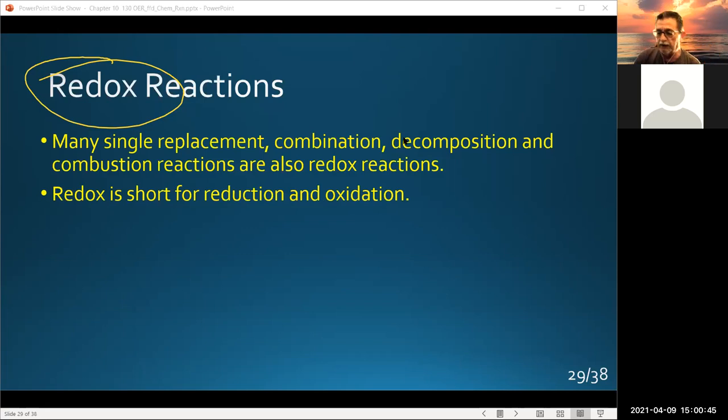Well, what does that mean? Oxidation is, simply put, I'm going to use a general reaction. If an element, for example, or a species reacts, something happens to it, and it loses an electron. So one of the products is an electron. It becomes a positive charge, right?